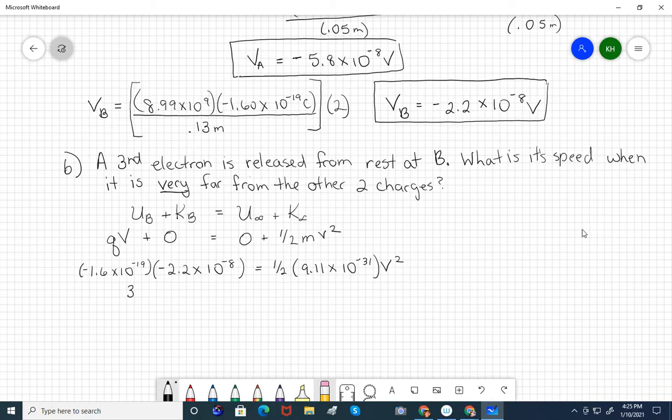This is 3.52 times 10 to the negative 27 joules. This is 4.555 times 10 to the negative 31 V squared. When I finish the math, I get that V equals 88 meters per second.